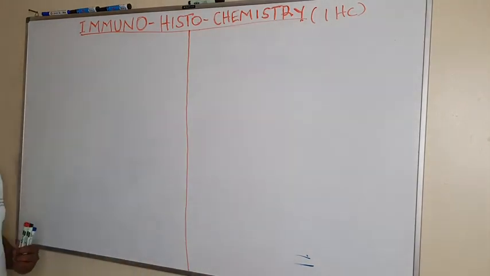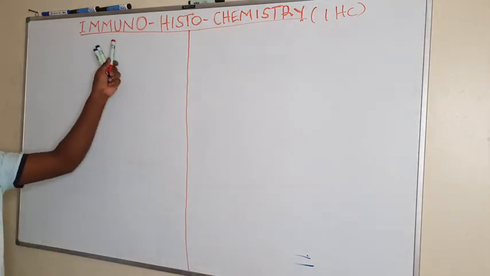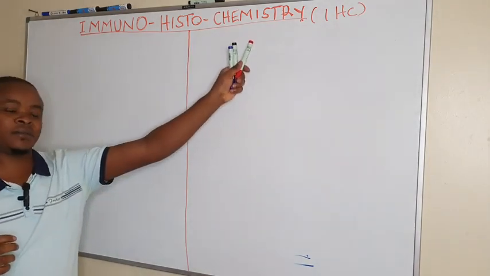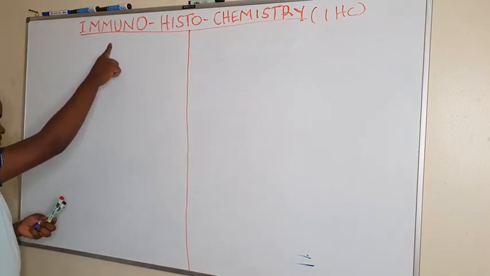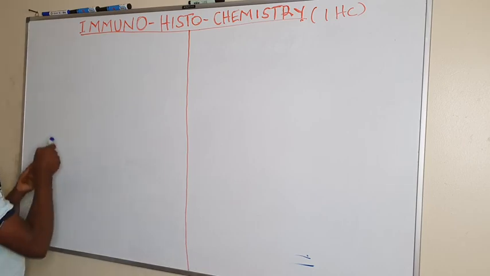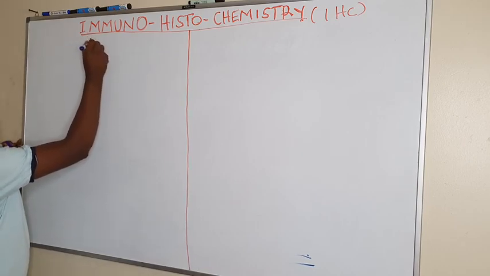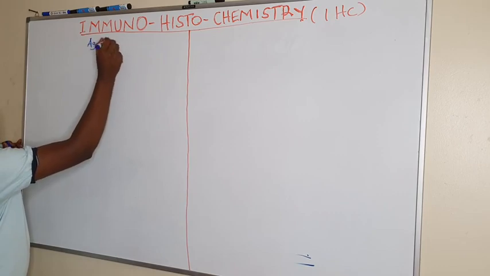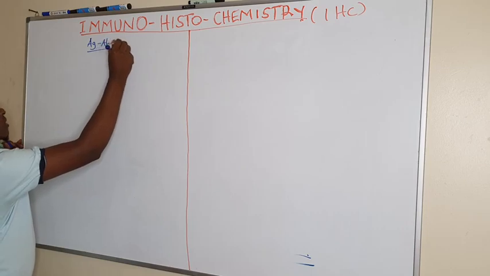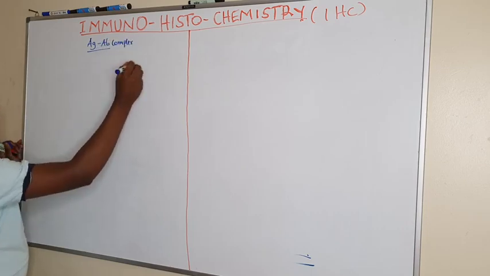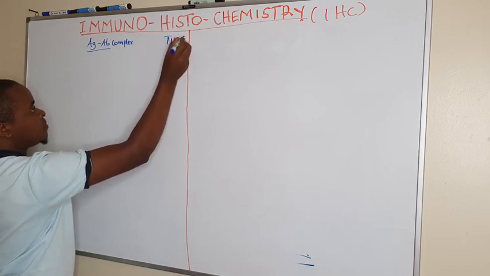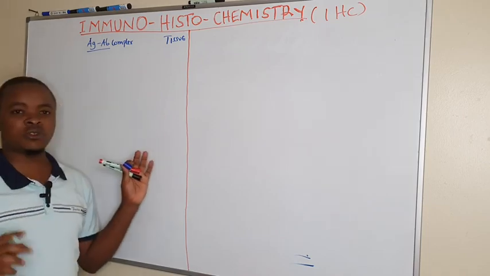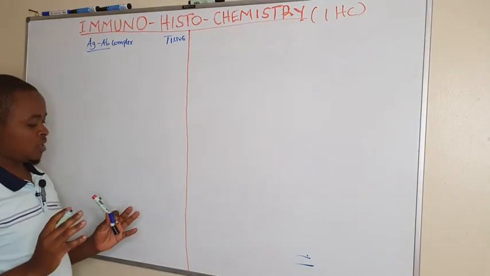So immunohistochemistry is broken down into 3 words. That is immuno, from the word immunology. And immunology means antigen antibody reactions, or what we call antigen antibody complex. Whereas histo means tissue, comes from the word histology, which means tissue.